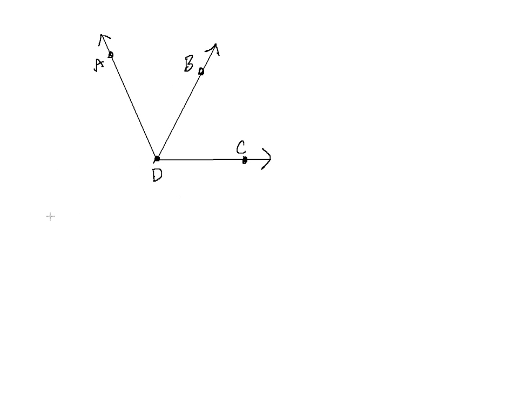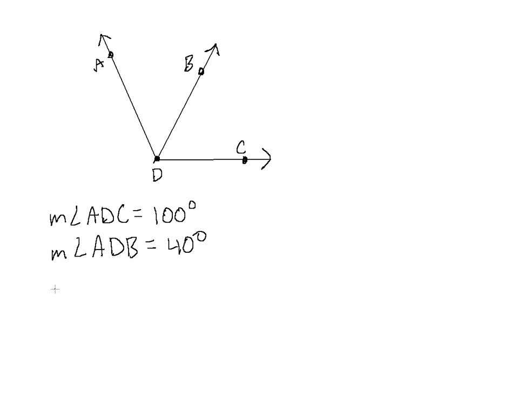We're given the measure of angle ADC is equal to 100 degrees. And we're also given the measure of angle ADB equals 40 degrees. We want to know what the measure of angle BDC is.